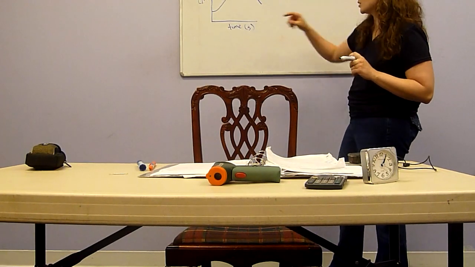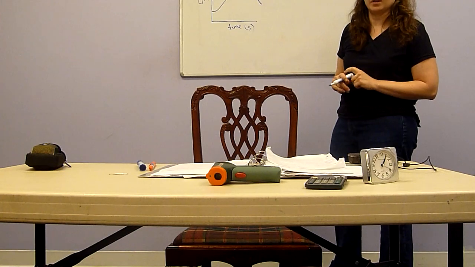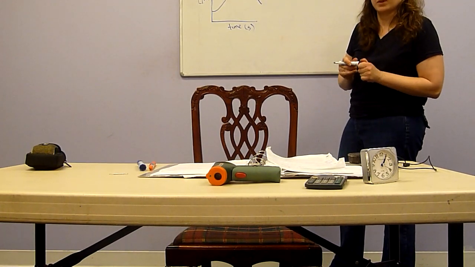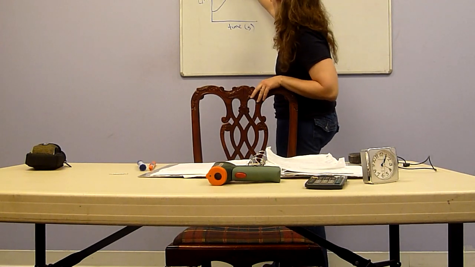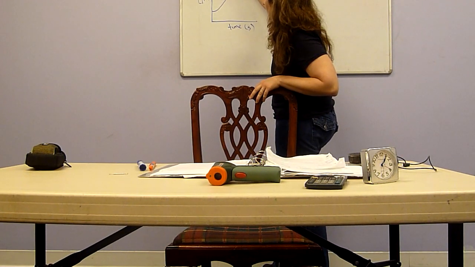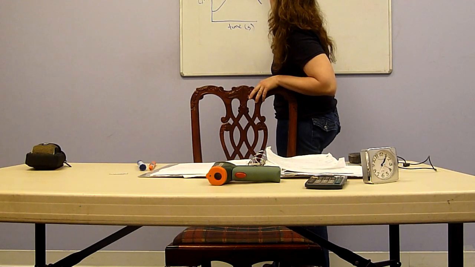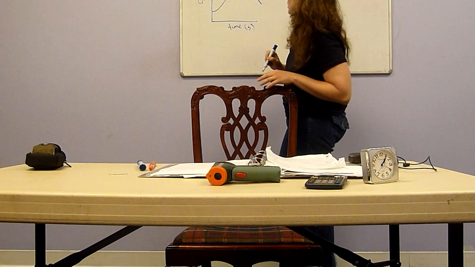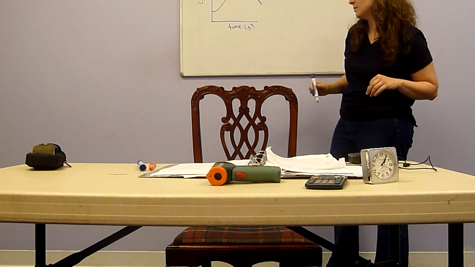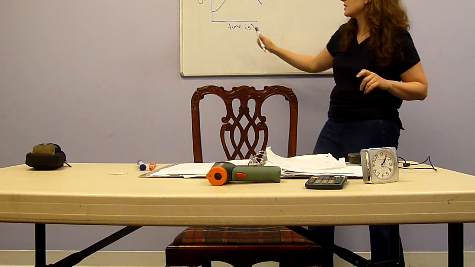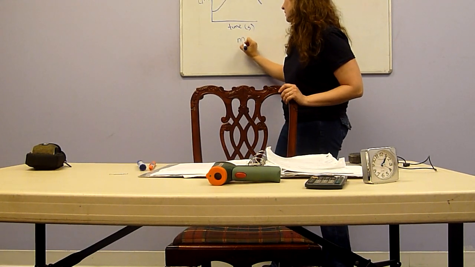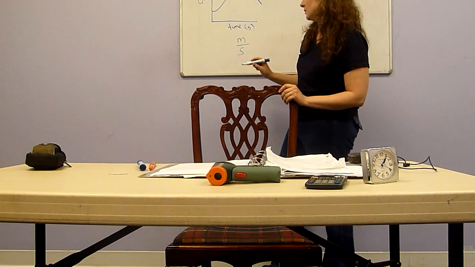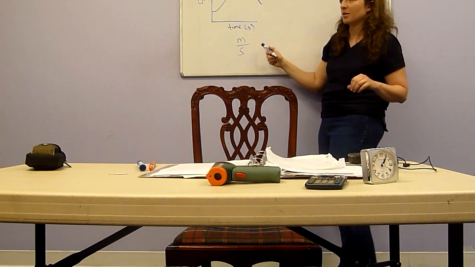what quantity is the slope of the line going to give me? This is a position versus time graph. So what's the slope? The y-axis divided by the x-axis. What's the slope of a position versus time graph?